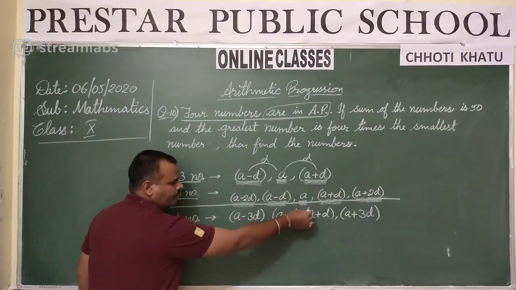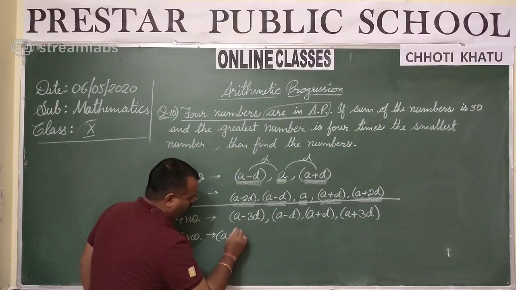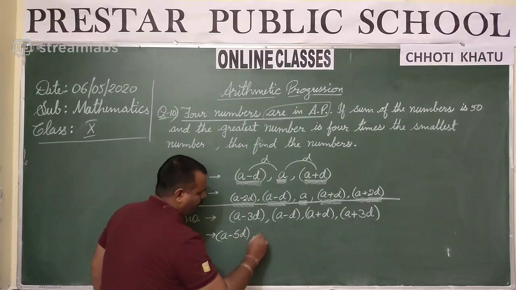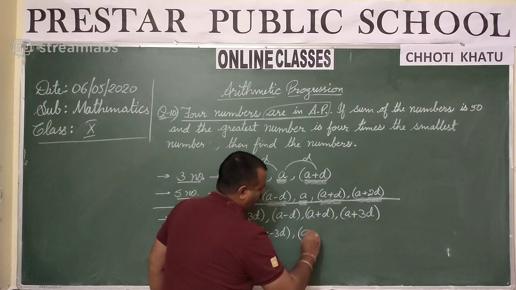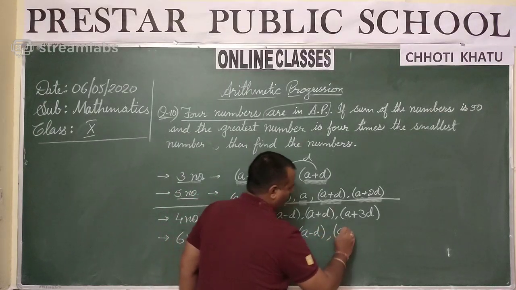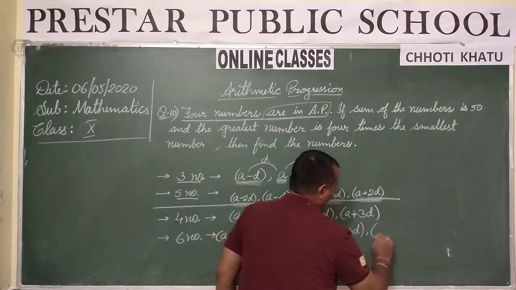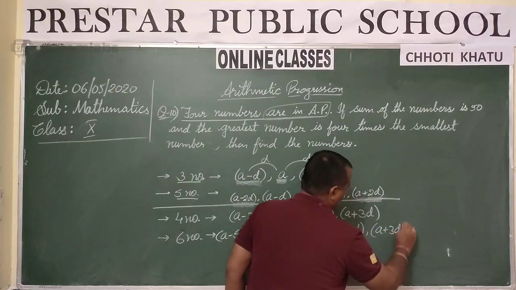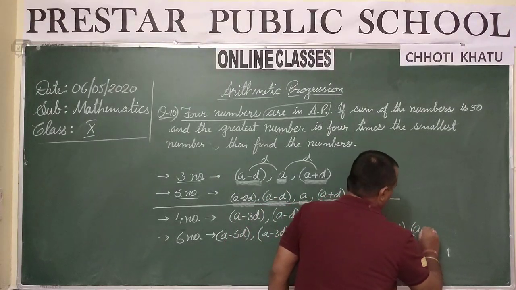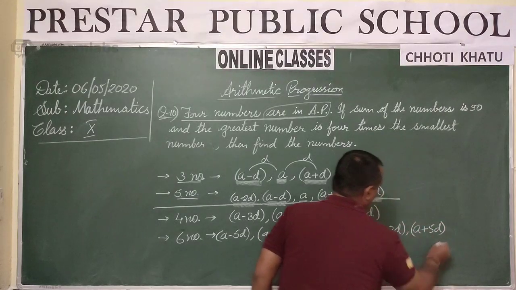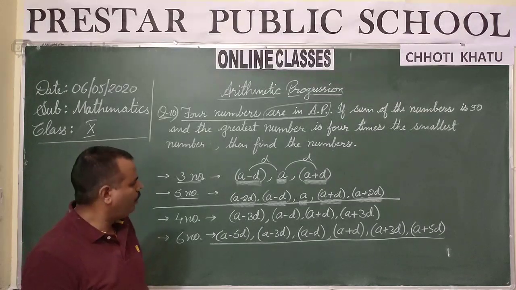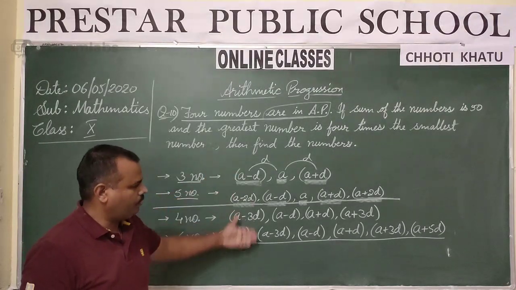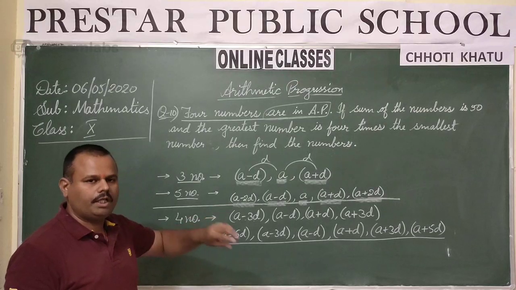Because the difference is 2D, the number before A minus 3D will become A minus 5D, then A minus 3D, A minus D, A plus D, A plus 3D, and at the last A plus 5D. So these are the six numbers which you have to take. This is how you are going to consider numbers which are in AP.